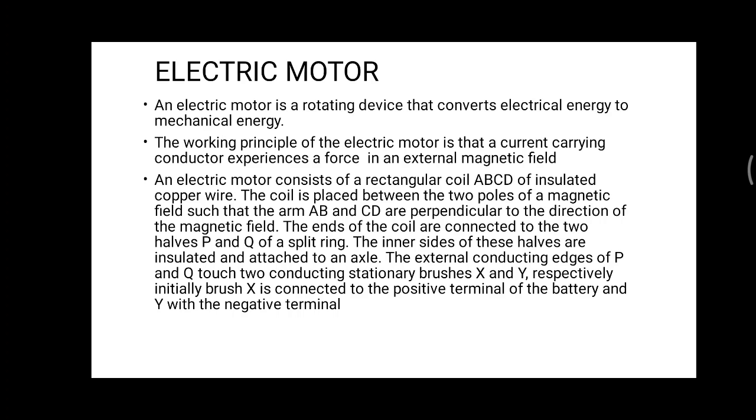There will be the generation of a magnetic field around the conductor, and there will be an action of force, maybe of attraction or repulsion, between the permanent magnet and the conducting wire. If the conducting wire is kept free to move, then as it experiences the force, it starts moving.